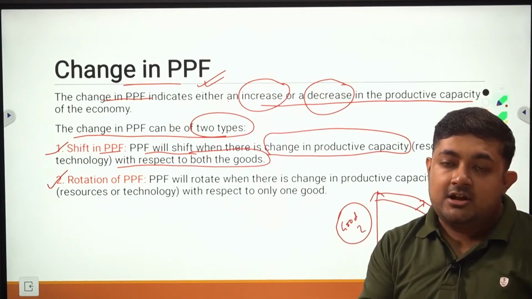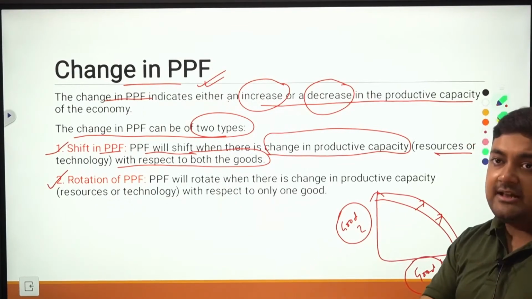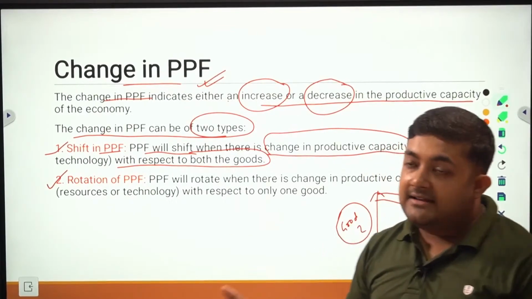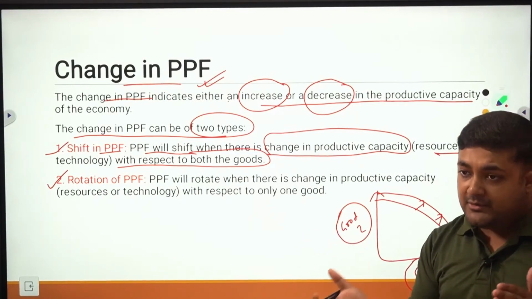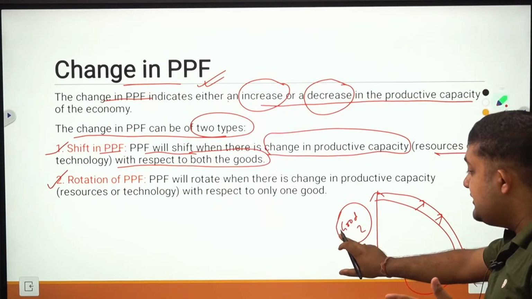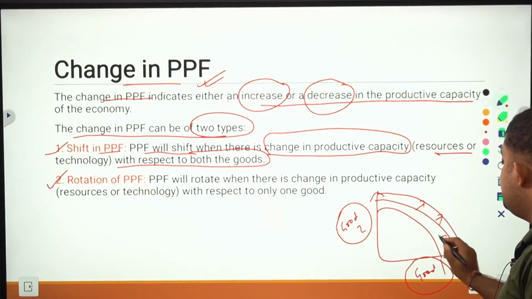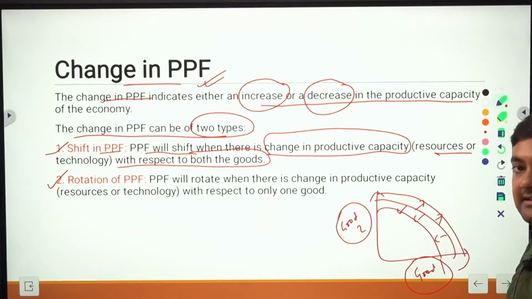যদি আমাৰ দুটা গুডতে কিবা degradation হয়, downward হয়, like technological degradation বা earthquake বা any kind of natural calamities or war, ভালকে আমাৰ resources বিলাক production হোৱা নাই, efficiently production হোৱা নাই, so যদি দুটা গুডতে আমাৰ প্ৰবলেমটো আহে, তেতিয়া আমাৰ PPF will shift leftward, ঠিক আছে.